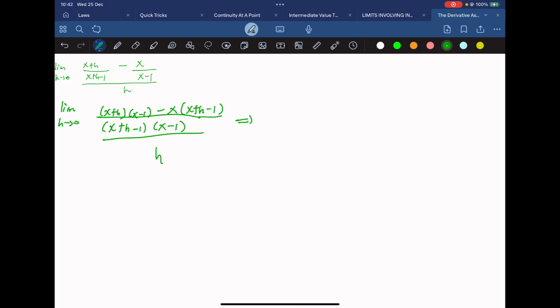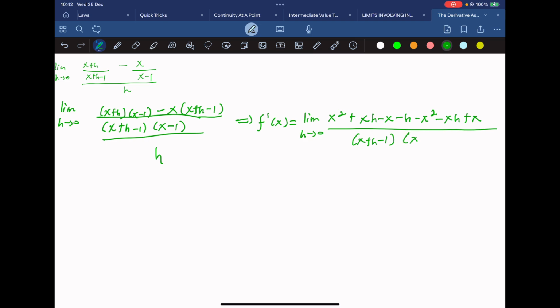So this implies that our f prime of x is equal to the limit as h approaches 0. If we expand these brackets, we are going to have x squared plus xh minus x minus h minus x squared minus xh plus x, all over x plus h minus 1 times x minus 1, all over h.